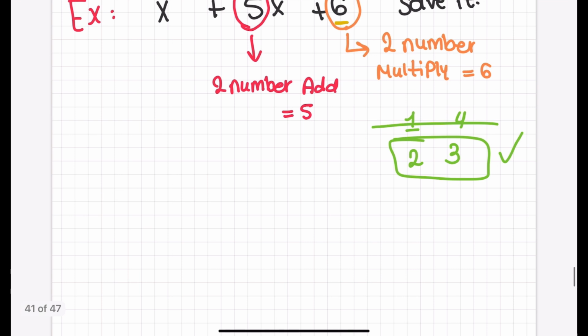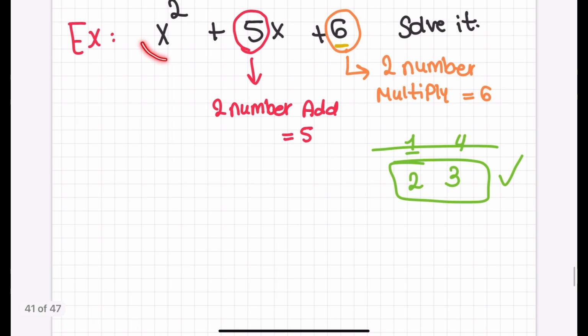Then I have to group it. How can I group it? I'm just going to write down x squared here. Instead of 5x, I'm going to write down, see, my two numbers are 2 and 3, so that means 5x is 2x plus 3x, because 2x plus 3x gives me 5x.